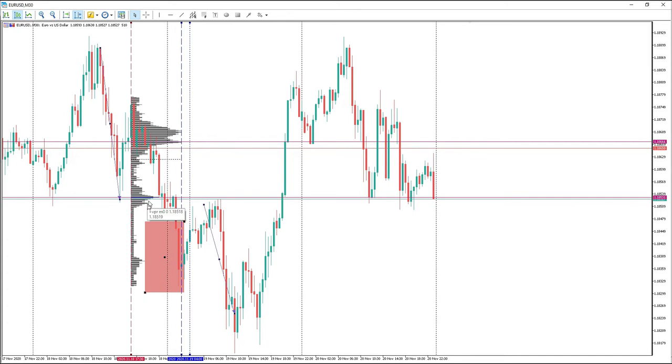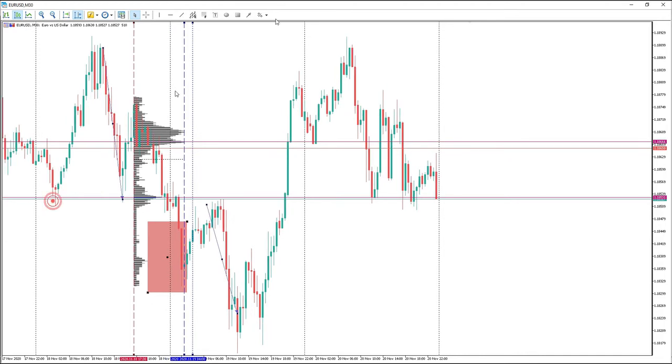So our next volume cluster is this one. Now this one is the one which I would most likely put a trade on and trade. Let me check. Okay, also the first one I'll also trade because of this candle over here.